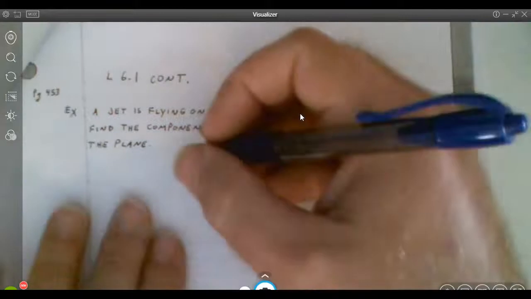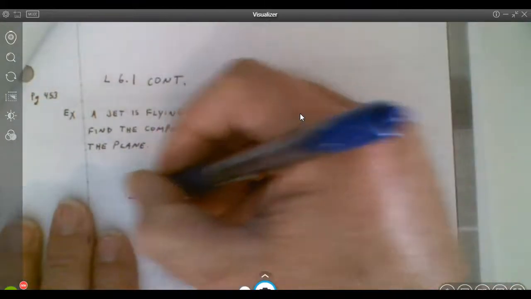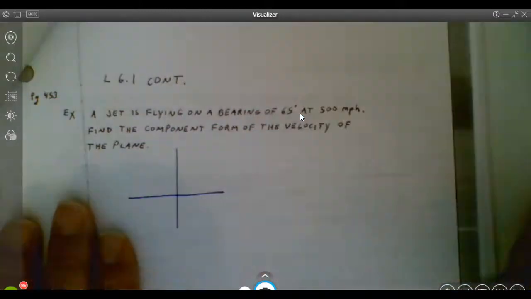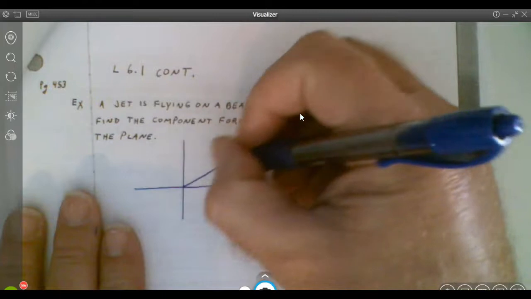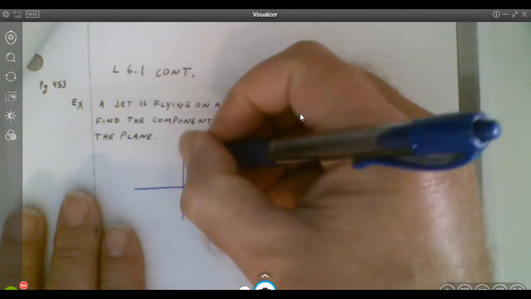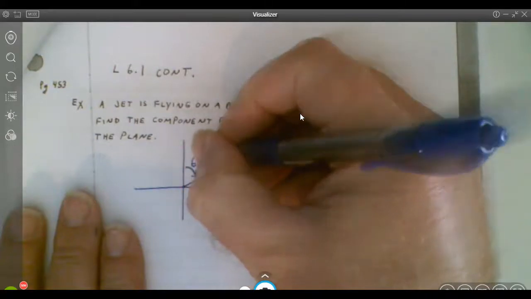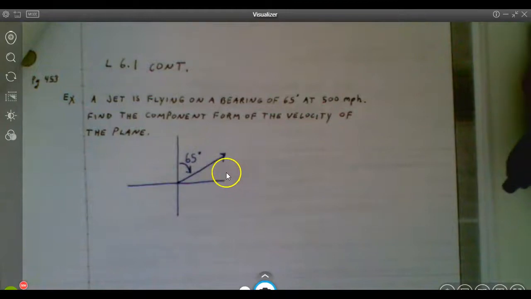65 degrees in terms of bearings, as we've already discussed, is measured from the north, right? So my bearing of 65 degrees looks like this. So that is my 65 degrees. So in terms of vectors though, right? Vectors are measured like you would measure an angle from the unit circle.